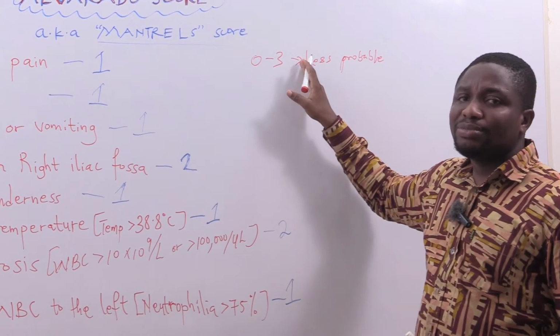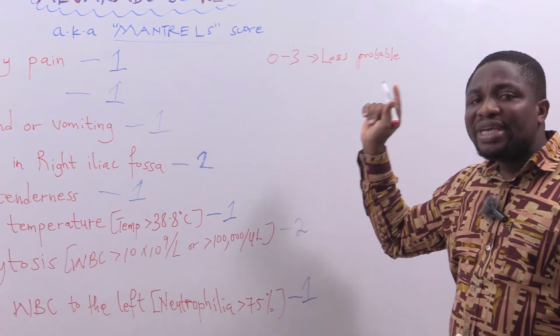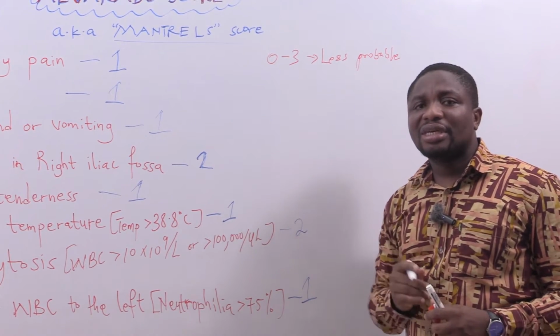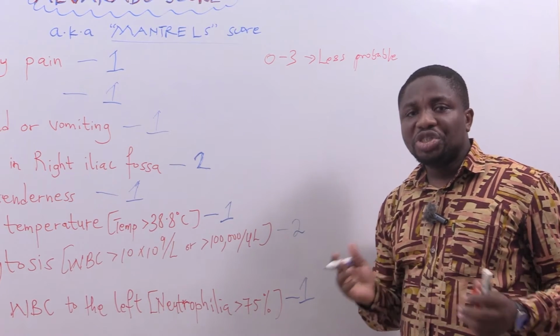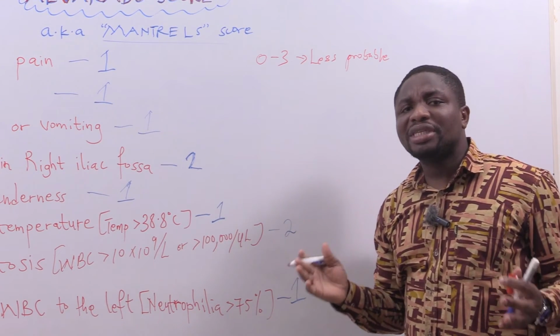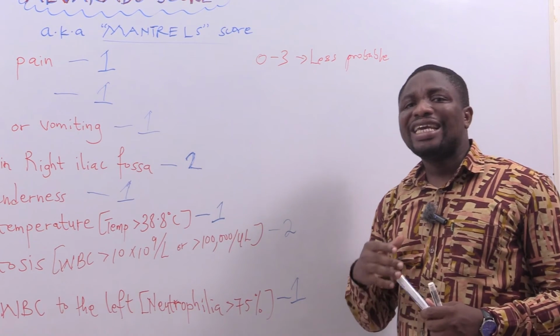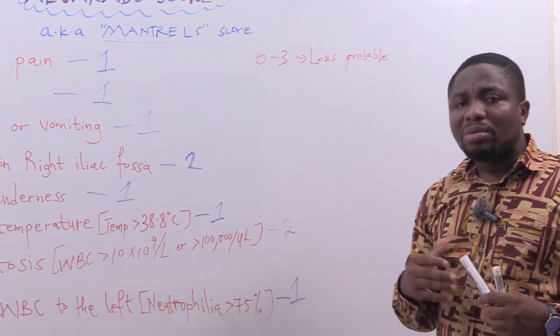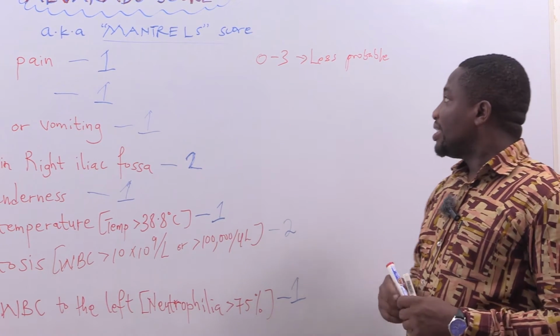So what should be done? An inpatient observation has to be done, meaning the patient needs monitoring. And how should the observation be done? It should be done in the hospital. There should be an inpatient observation of this patient. All right.